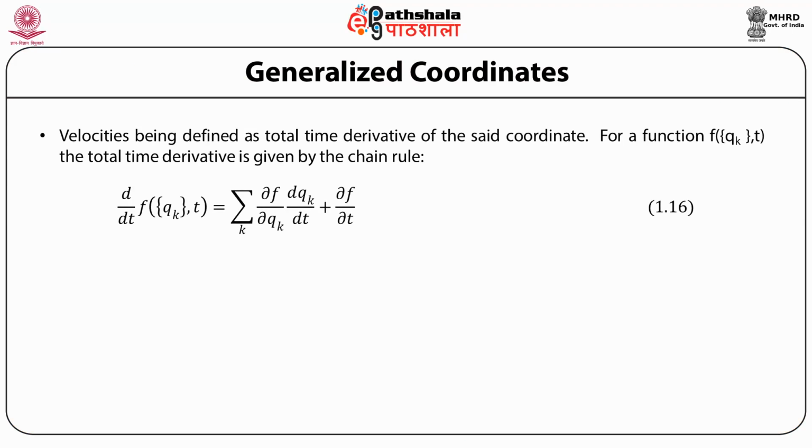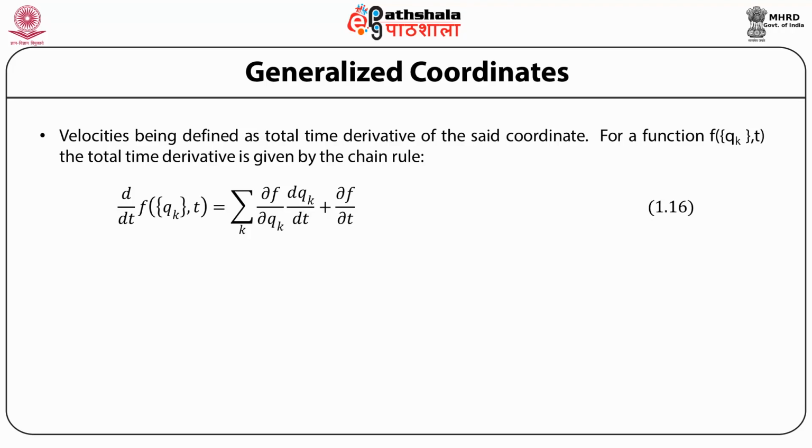You know, the velocity is defined as a total derivative of the Cartesian coordinate in the Euclidean space. Now, in terms of generalized coordinates, we define velocities again in terms of total derivatives of the said coordinates.